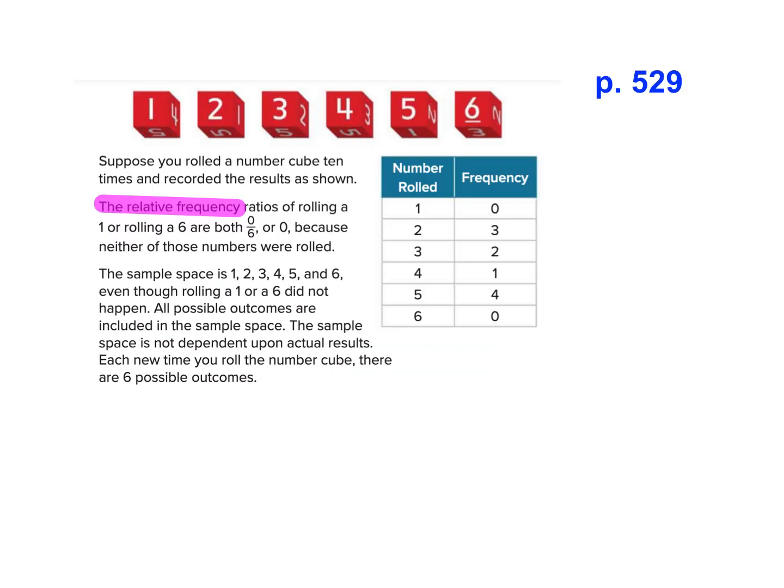If you look on page 529, when we're talking about probability and I want to know what my sample space is for rolling a dice, it's always 1 through 6. But if I ask you, what's the relative frequency when I actually did roll a dice? What was my chance of getting a 1? Well, I got it 0 out of 6 times, which is 0 or 0%.